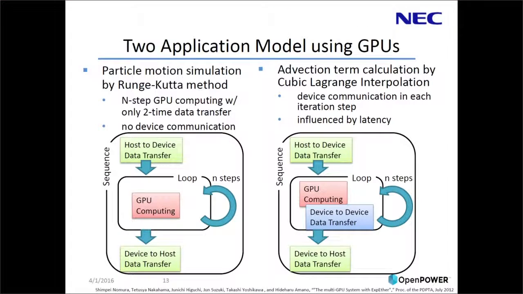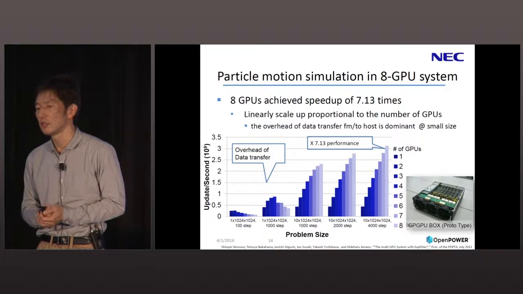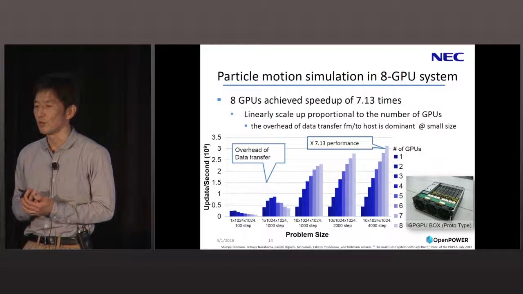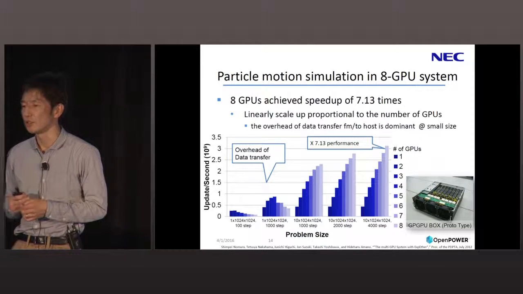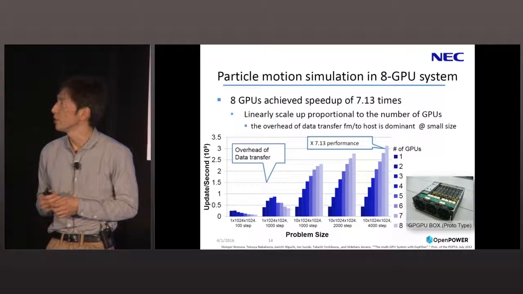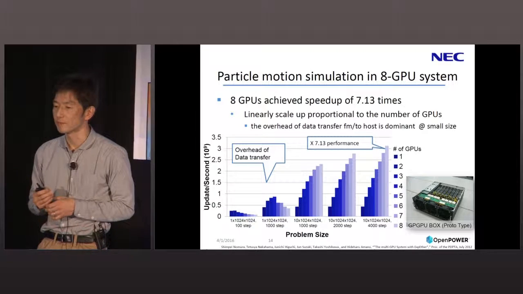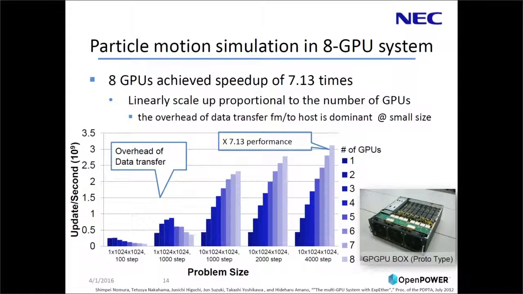For less communication type applications, for example, particle motion simulation of large scale particles, there is only two times communication with a bunch of GPU processing iterations. So for such applications, we can easily get the scale-up of the performance along with the number of the GPUs. The scaling up is almost proportional to the number of the GPUs.